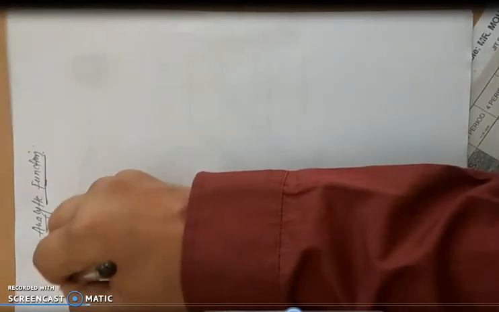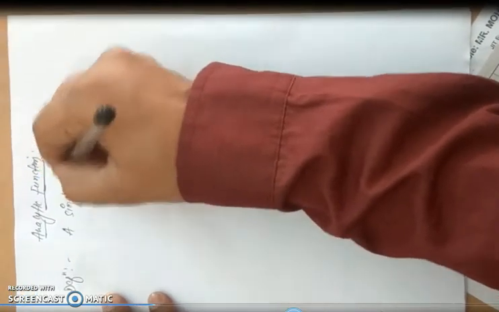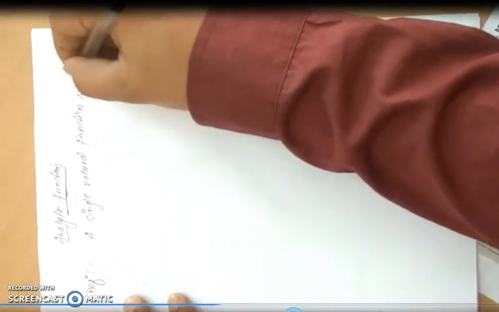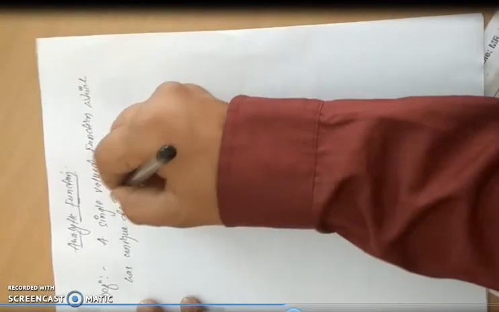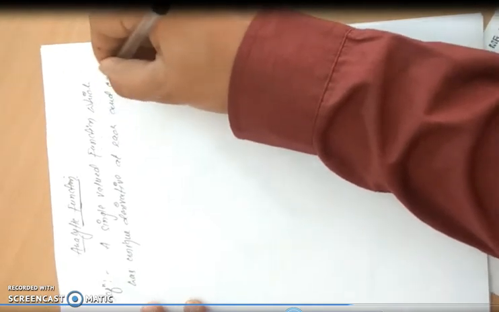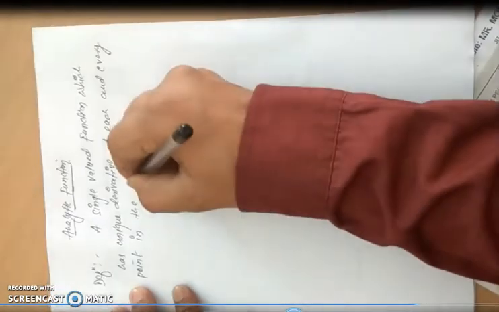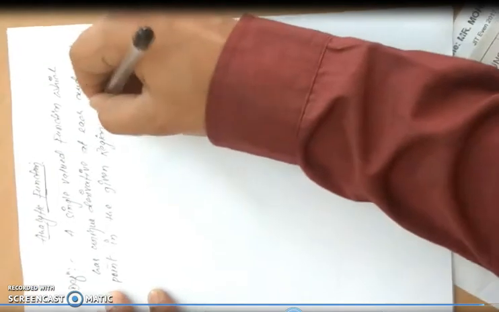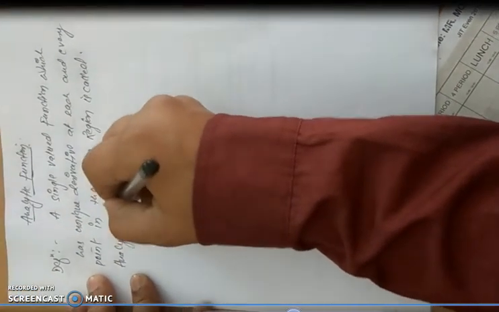So the definition of analytic function is a single valued function which has a unique derivative at each and every point in the given region is called analytic function.